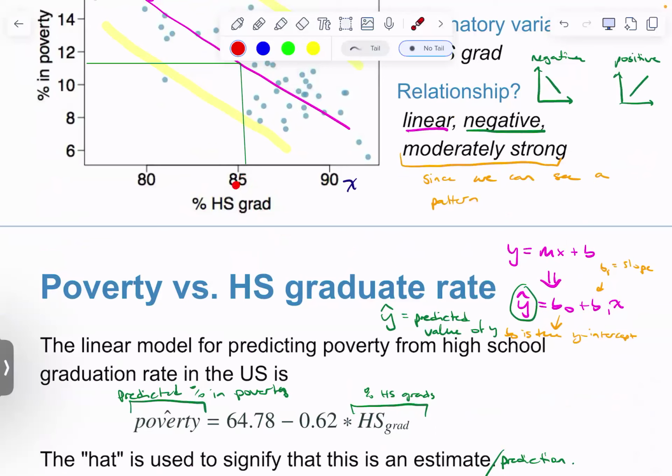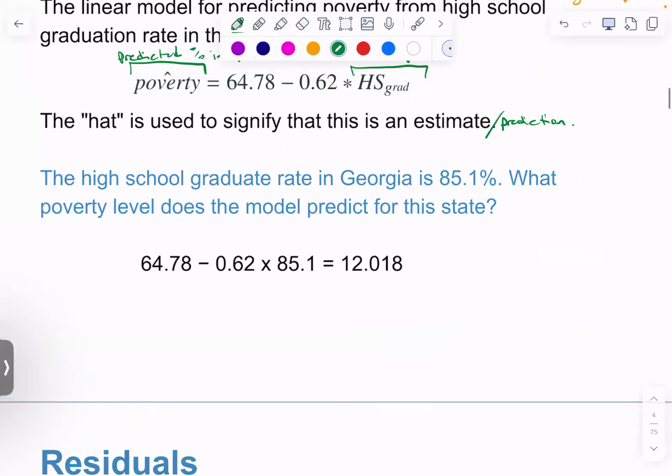So I am just going to use 85.1 to match the scale on the scatter plot. That takes some getting used to because you're so well trained and used to converting your percentages into proportions, but now you just want to match whatever the scale is on the scatter plot.